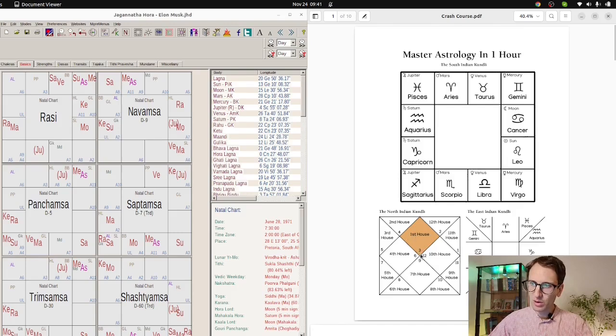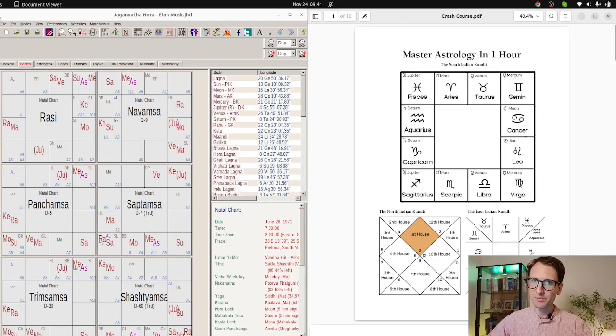This is just an example: the number 3 means the first house will be Gemini. We have the ascendant here, and the ascendant always defines the first house. In the South Indian style, it is here in Gemini. So the North Indian chart will be like this.